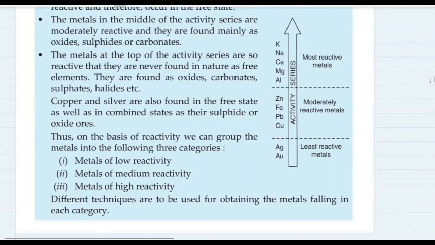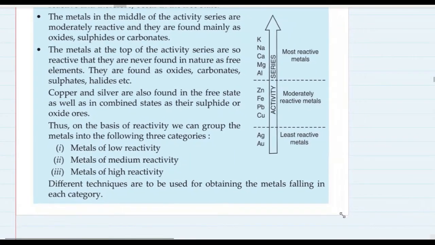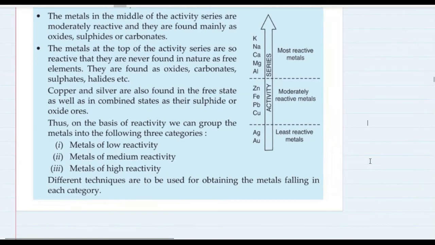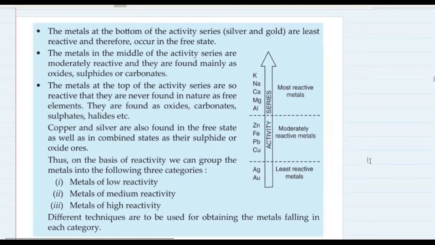Okay. Now we have already studied the reactivity series. This is not a new thing for us, right? We have studied this in detail. But how does this reactivity series find its application in the topic of extraction of metals? That is very important to know, because if we know where a metal lies in the reactivity series, what the reactivity of a given metal is, then on the basis of that reactivity we can find how strong a compound it will make with a particular non-metal or a compound.